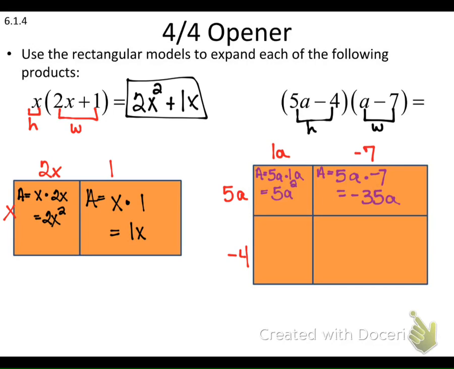All right. Kelly, bottom left. Area equals negative 4 times a, which equals negative 4a. And then Mackenzie, bottom right.